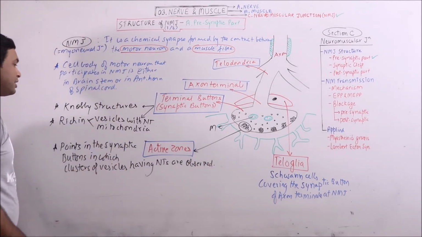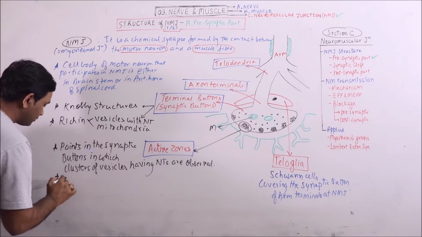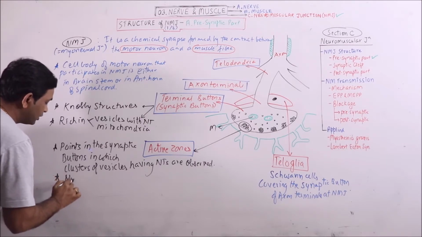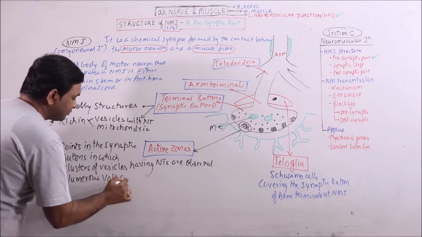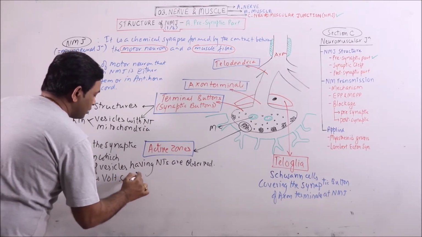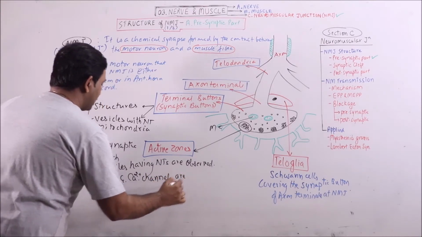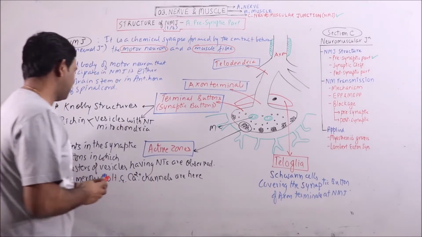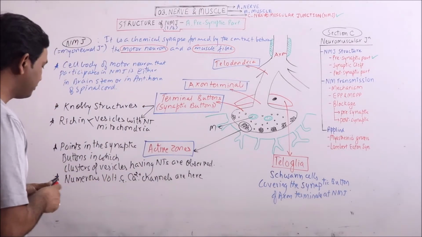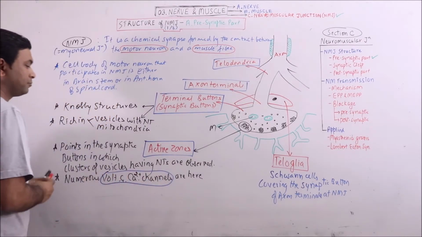Why are these clustered here only? There is a reason. Because numerous voltage gated calcium channels are here. Very important. Voltage gated calcium channels are here.